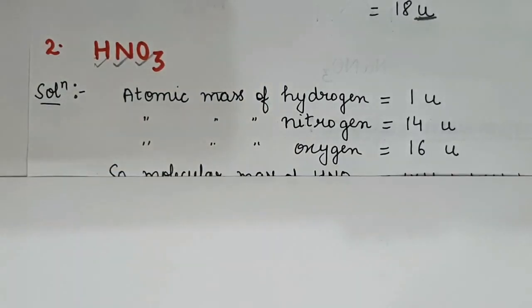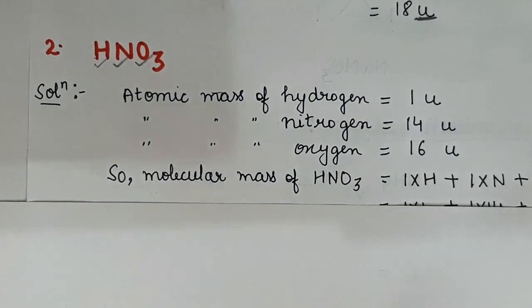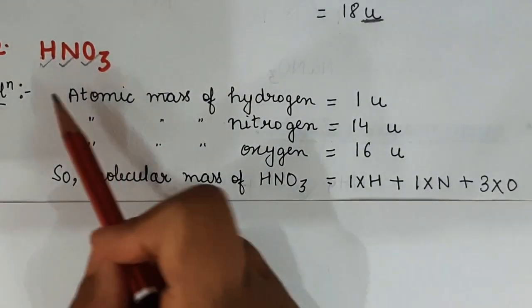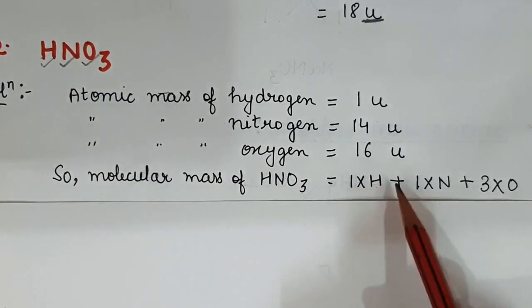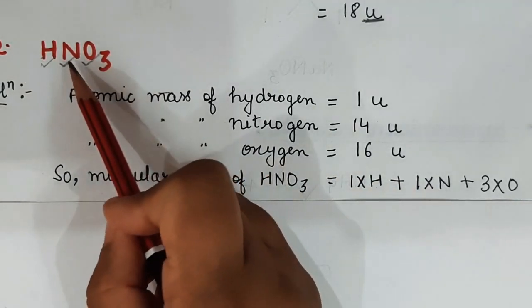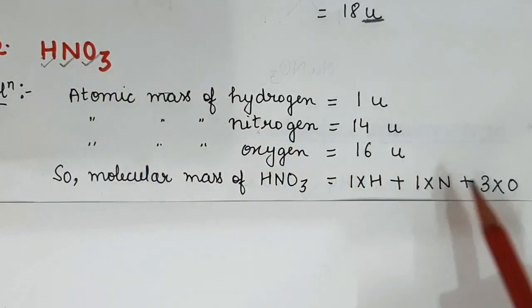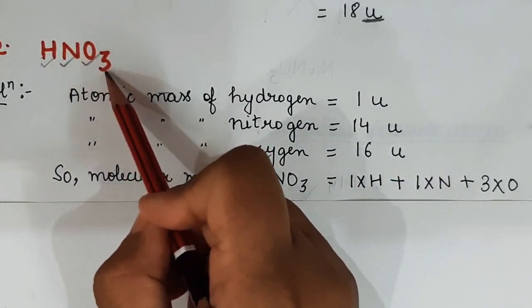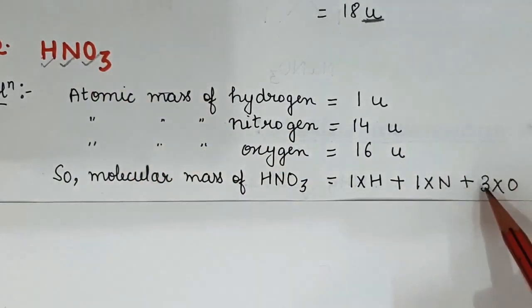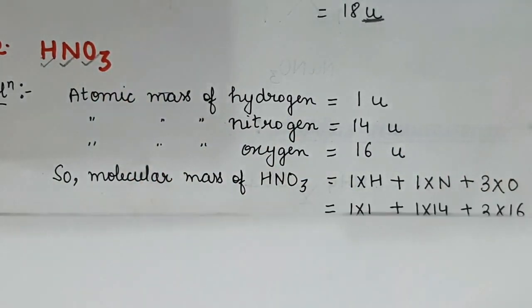So just substitute the values. The molecular mass of HNO3, it will be what? There are how many hydrogen atoms? Only 1. So 1 of hydrogen plus. How many atoms of nitrogen? Only 1. So 1 of nitrogen plus. How many atoms of oxygen? There are 3 atoms of oxygen. So thrice of oxygen.